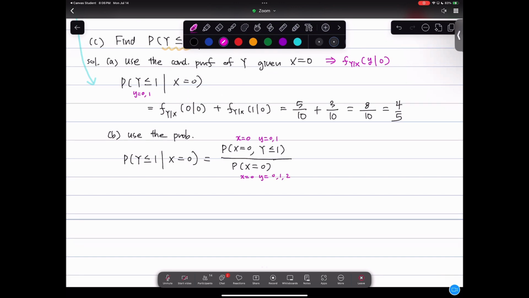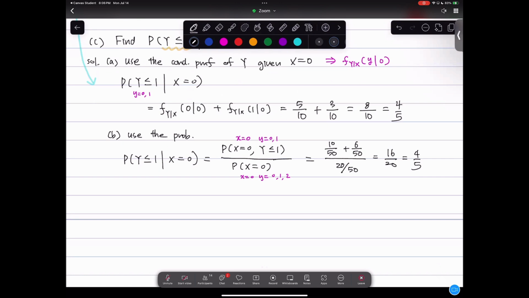So let's add them up together. I'll let you do the math. So 20 over 50, which is a marginal anyway. And your numerator, I can use the joint 10 over 50 and 6 over 50, which is 16 over 20, so 8 over 10. Can be done.